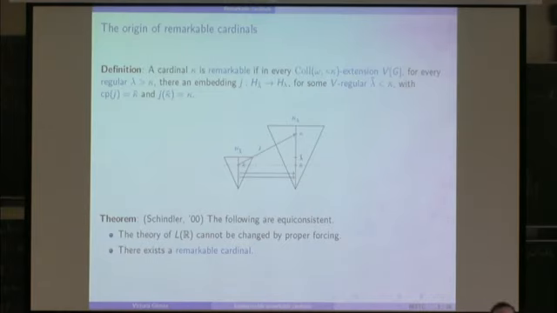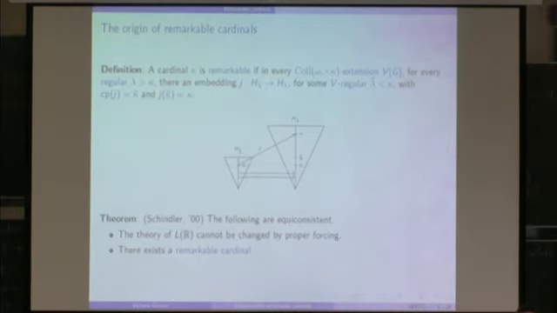So why remarkable cardinals? How did they come up? What is their significance? Remarkable cardinals were introduced by Ralph Schindler. And Ralph, if I say anything wrong about the history, please feel free to correct me. The question that motivated them was this: it was known that the assertion that the theory of L(R) cannot be changed by all set forcing has consistency strength in the neighborhood of infinitely many Woodin cardinals.